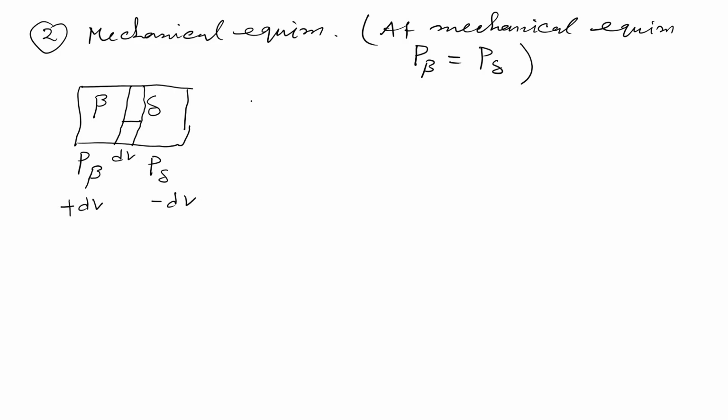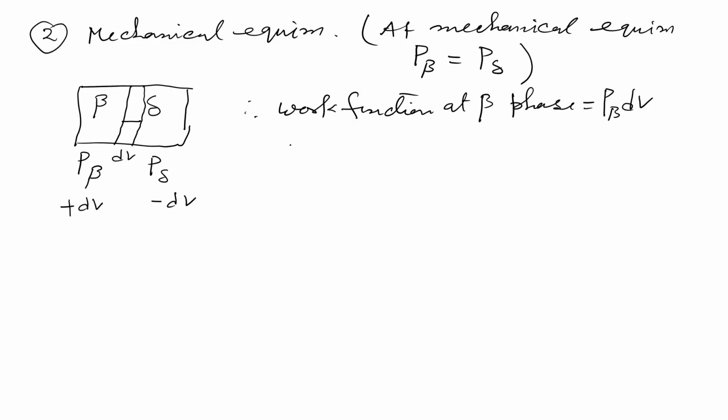Okay. So therefore, the work function at the beta phase, how much will it be? Pressure-volume work is equal to pressure P beta into dV, that is positive dV. And the work function at the delta phase will be equal to minus, because here the change in volume is negative.